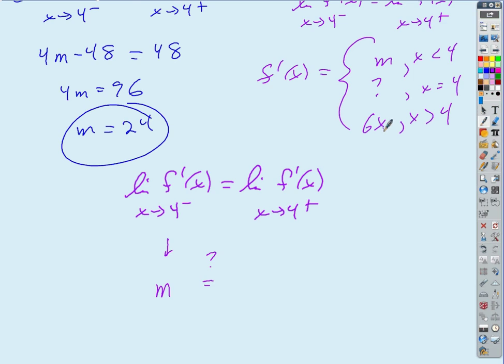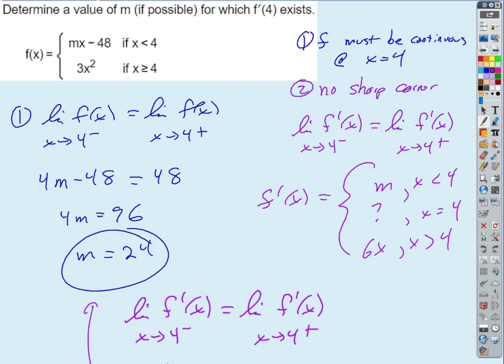As I'm approaching 4 from the right, I'm getting 6 times 4. And what do you know? It works. 24 is the value that works, isn't it? When we plug 24 in, we get 24 equals 24, which is true. So it satisfies this other criterion, and 24 is the answer. Okay, everybody get that?